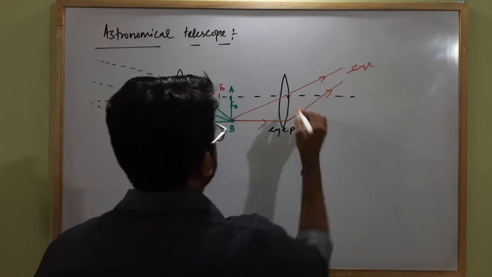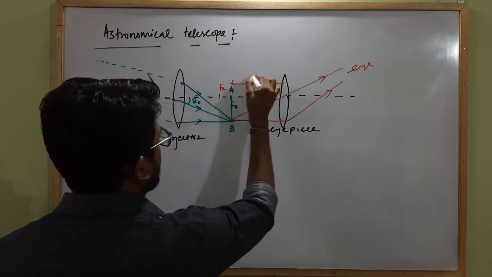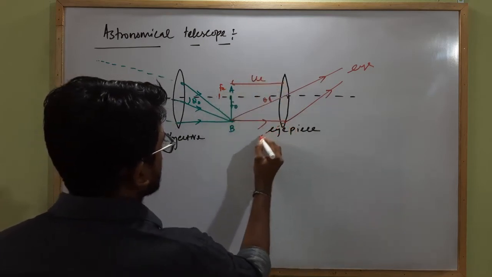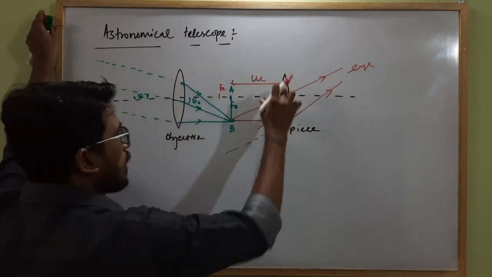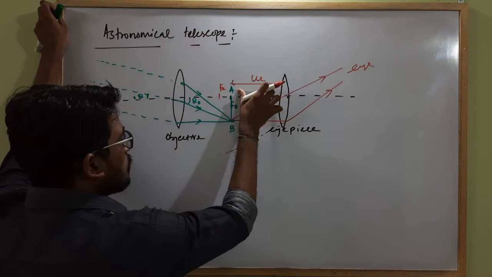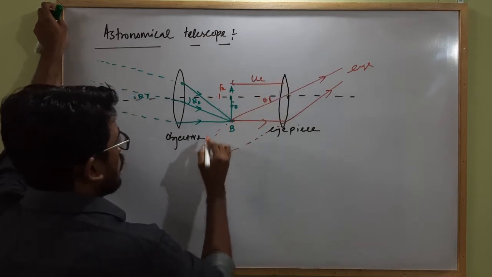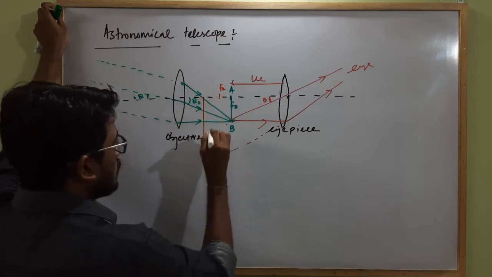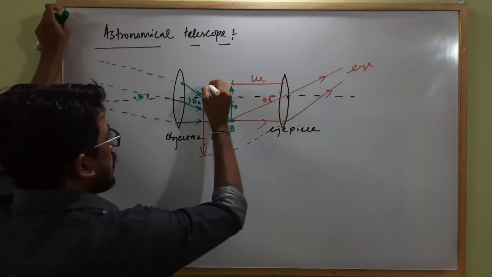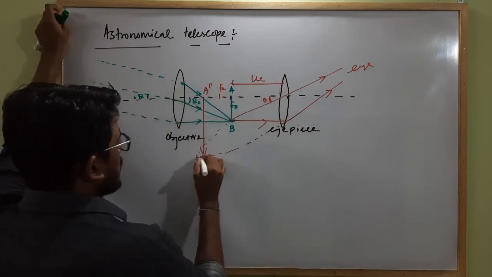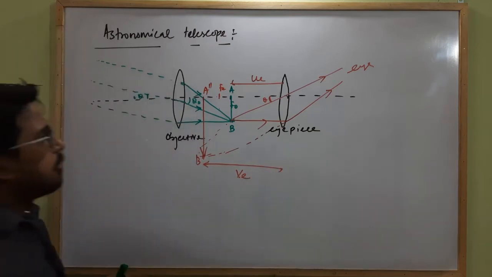Here is the eye, and this is the angle theta, and this distance will be U E. As the image formed by the objective lies within the focal length of the eyepiece, this is the object distance for the eyepiece, so its virtual image will form behind the image, A double dash B double dash, and this distance will be V E. Clear?